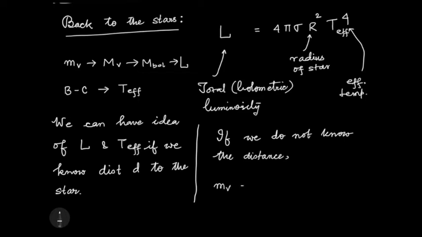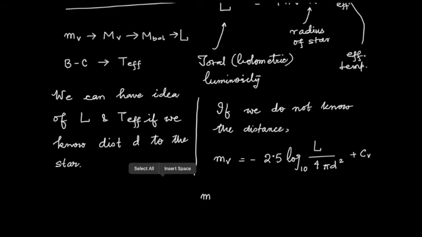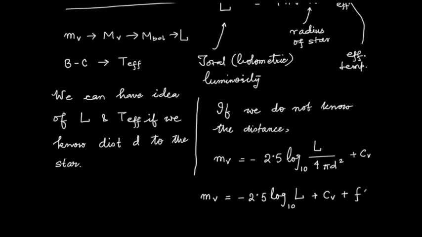So I only know m_V, which is minus 2.5 log 10 of L by 4 pi d square, and then you will have a C. So this will be minus 2.5 log 10 of L plus C_V plus some constant which depends on the distance to the star, 2.5 log 10 of 4 pi d square. Right?